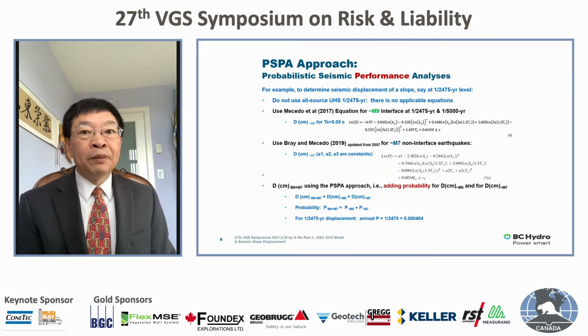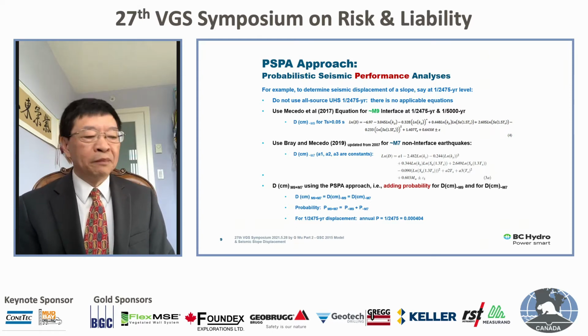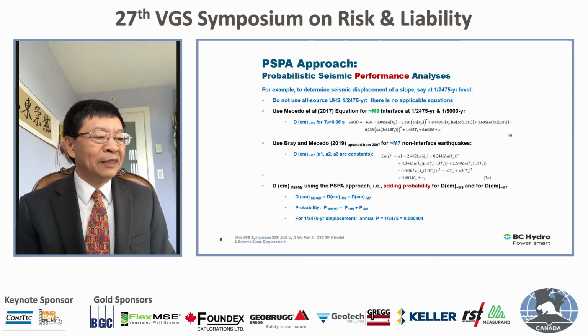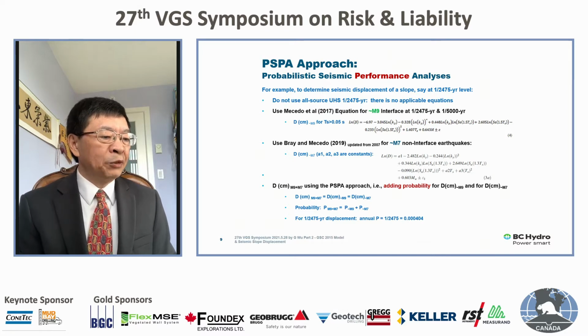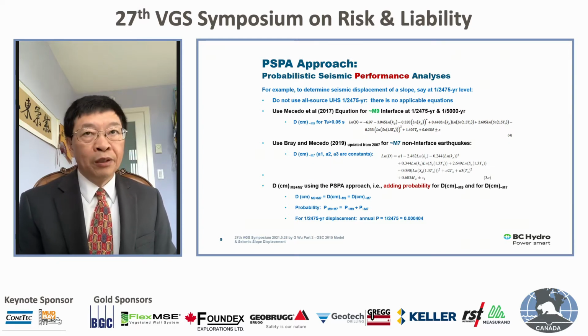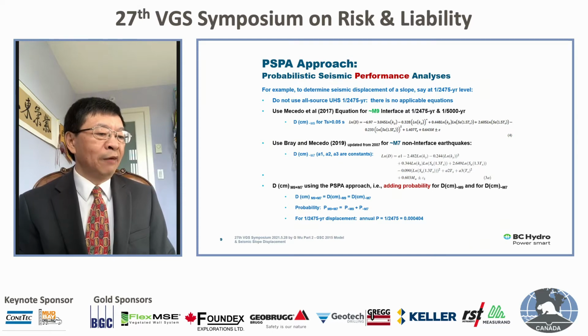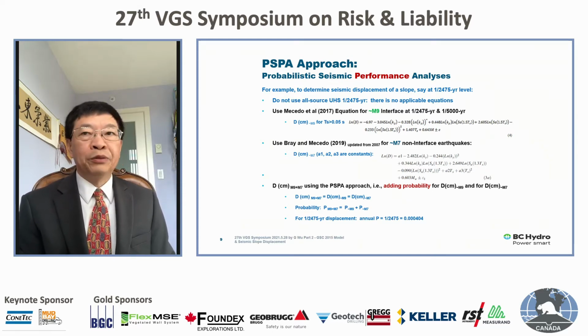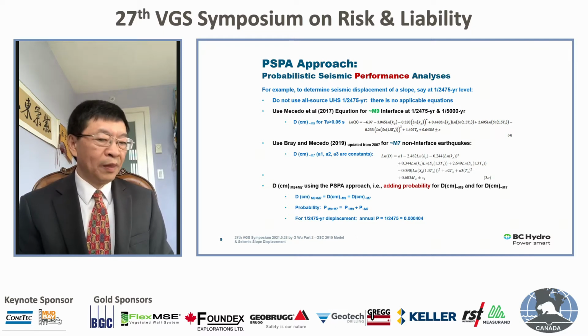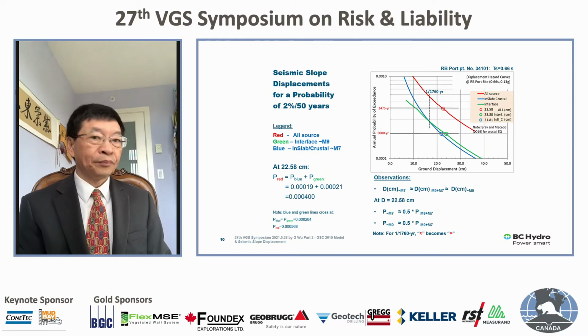And then you add the probability at that same displacement to get the probability for the combined M7 and M9 earthquake, which is shown in the last three lines. And then if you are looking for the 1 in 2475 year displacement, then your probability level is 1 in 2475 year, which is 0.0004. Next one, please.